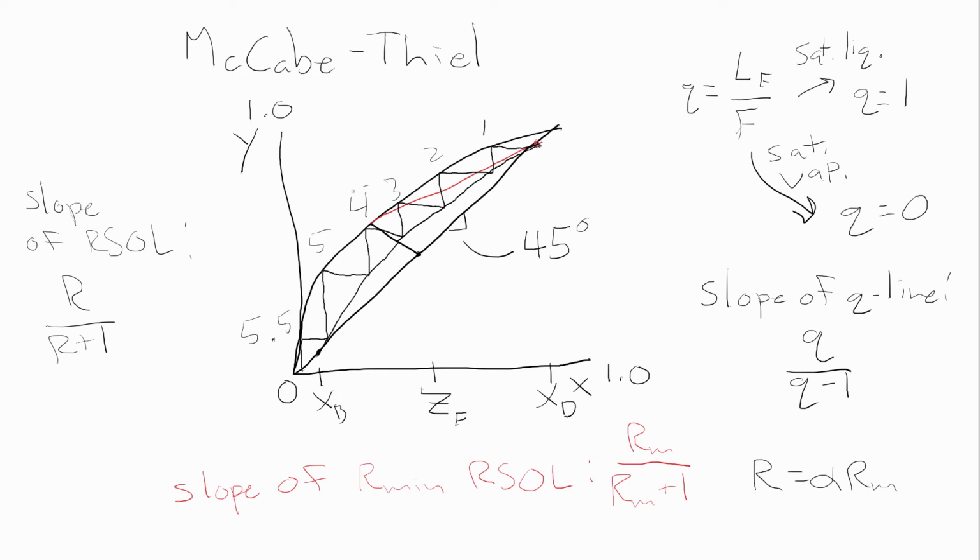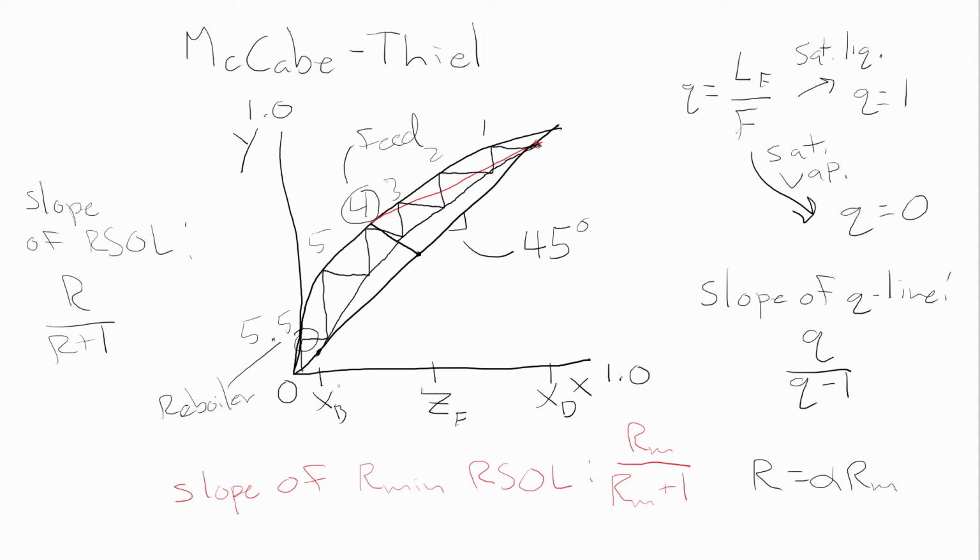The feed stage is the stage where we cross the Q line. This is stage 4. That allows us to find the optimal feed stage location. The bottom stage is the reboiler. So for this column, we have 1, 2, 3, 4.5 stages on the column, and the 5th stage is the reboiler.